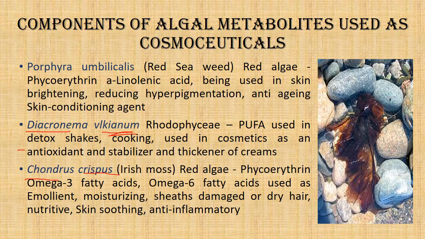So you can observe that these people have very good skin, and that property is due to a lot of antioxidants and skin tightening products, the secondary metabolites that are found in Porphyra.